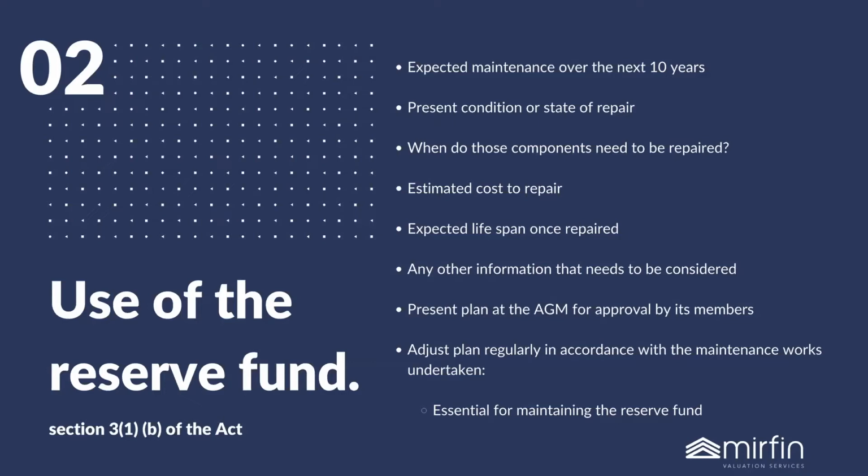The maintenance work needs to be removed from the plan going forward. You can't just leave that maintenance item in the plan for the remainder of the 10 years. And then obviously the annual update of the plan. The whole reason that the plan needs to be updated is because maintenance gets done, and new things come to the attention of the trustees and then need to be budgeted for.